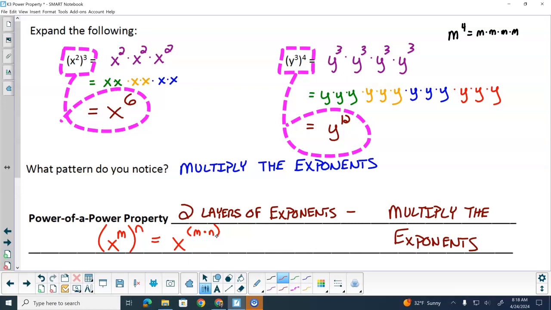Yeah? So we multiply them. 2 times 3 here. If I multiply these two numbers together, that gets me my 6. 3 times 4 here. That's what multiplies together to give me my 12.